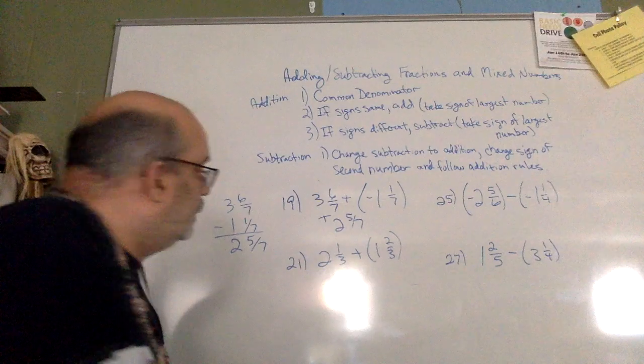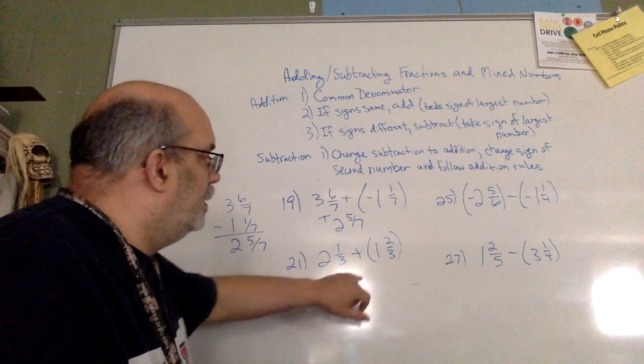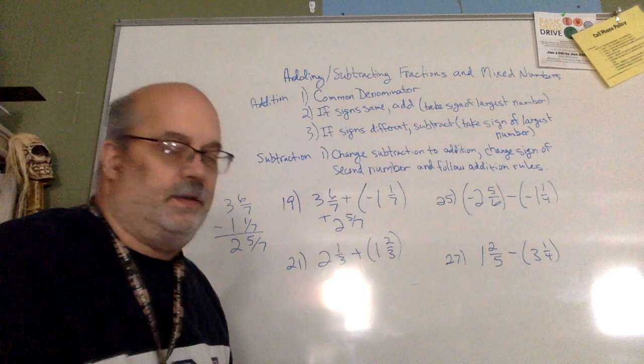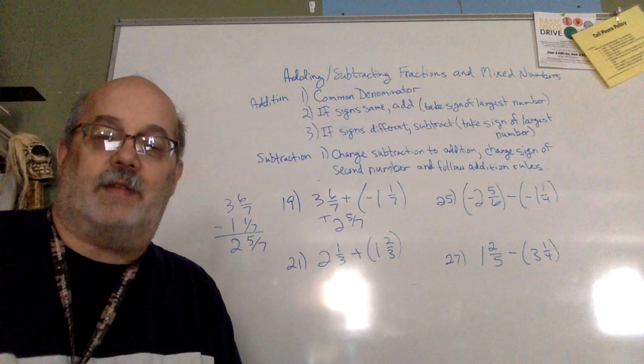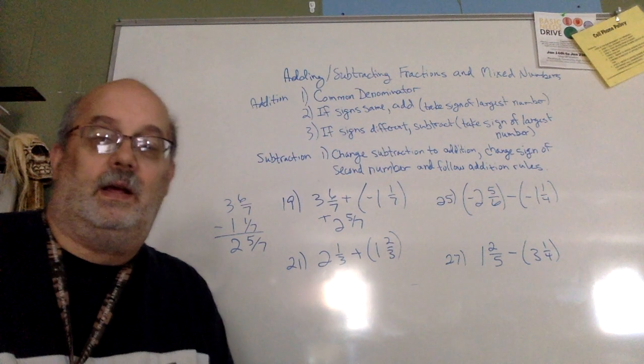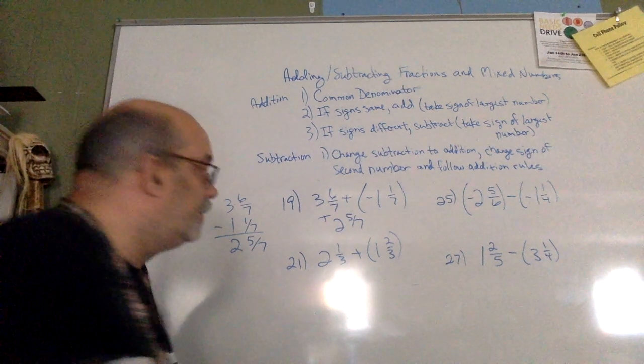Next problem. 2 1/3 plus 1 2/3. They're both positive. They have the same denominator of 3, so we're going to add them together.